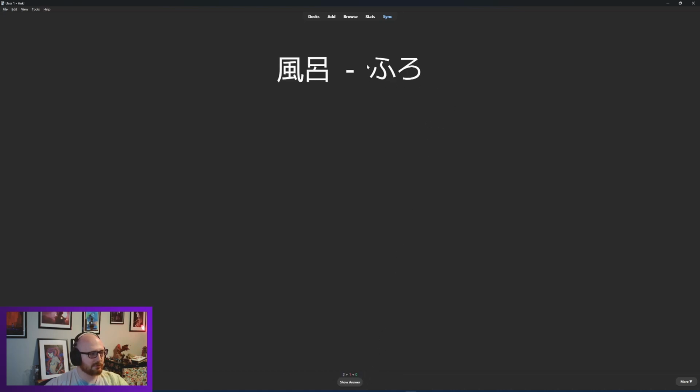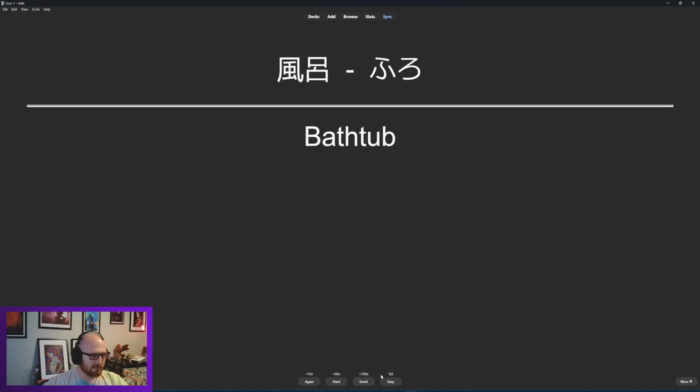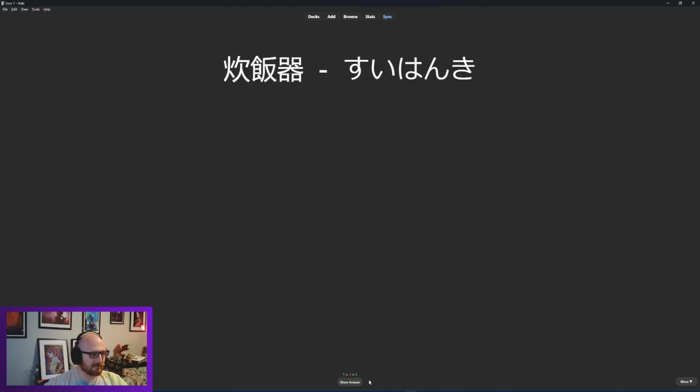Furo is a bathtub. Furoba is the room of the bath. I don't say bathroom because in English, when I say a bathroom, we're thinking about the spot that's got the tub and the toilet. Not always the case. So this is a bathtub. Furoba is the room with the bathtub in it.